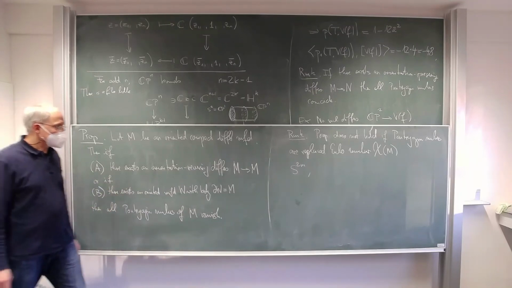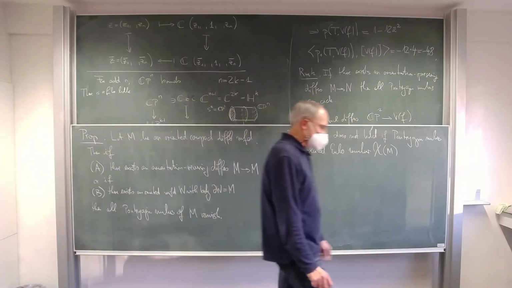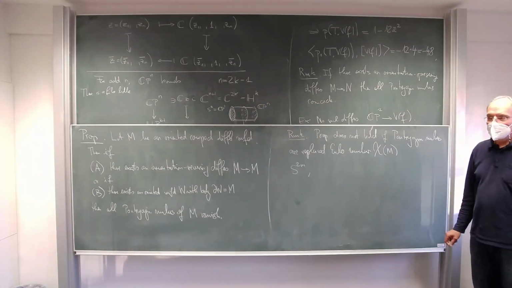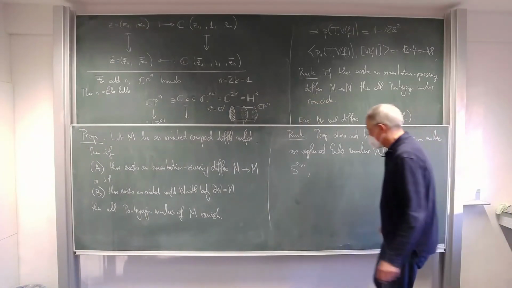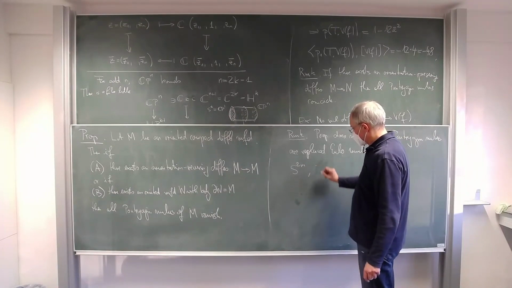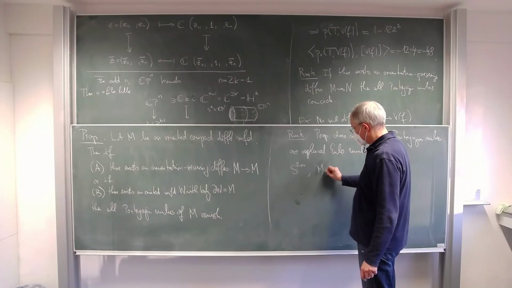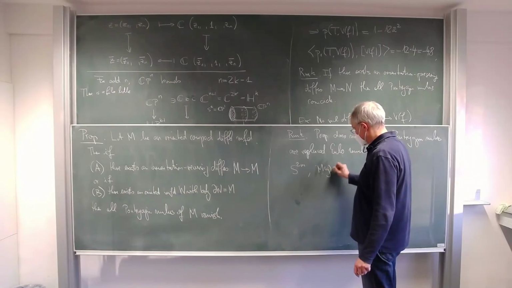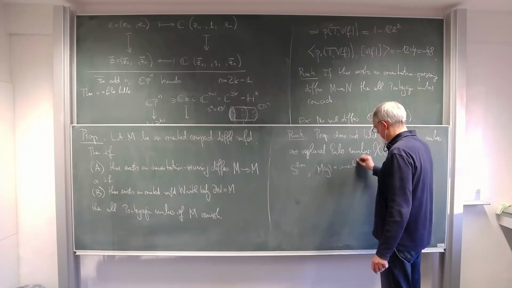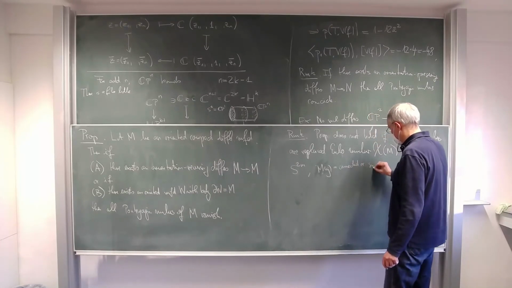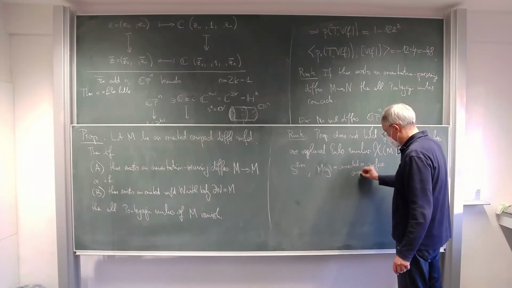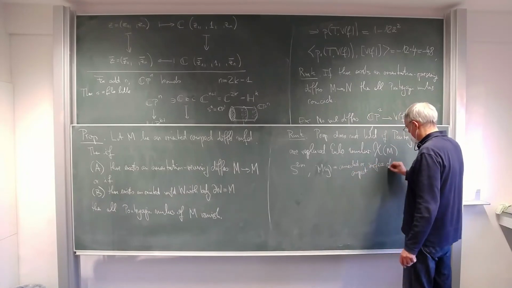And now you are saying, okay, there are surfaces other than the two sphere, namely, let's say, M_g, which is a connected, oriented, compact surface of genus g.